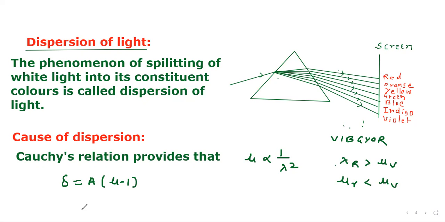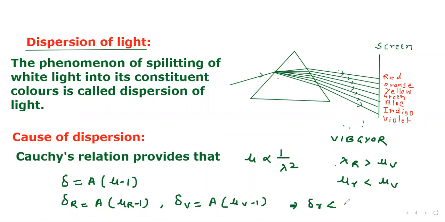Suppose for red color we write delta R equals A times mu R minus 1, and for violet color we write delta V equals A times mu V minus 1. Clearly mu R is less than mu V, which gives delta R less than delta V. It means the deviation produced in red color will be less than the deviation produced in violet color.